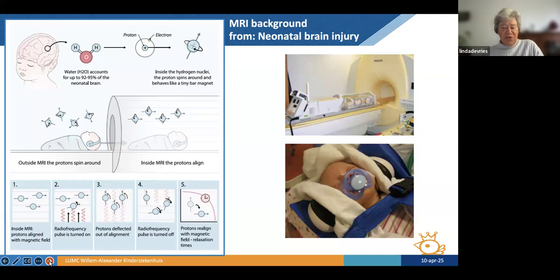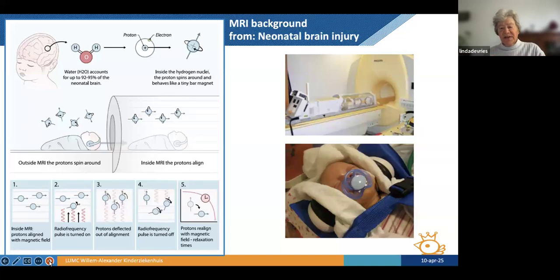So when you are putting the baby in the scanner, then you want to see the tissues. You get a radio frequency pulse on, and then it kind of puts the protons out of alignment. And then when your radio frequency pulse is stopped, then they kind of start deflecting.